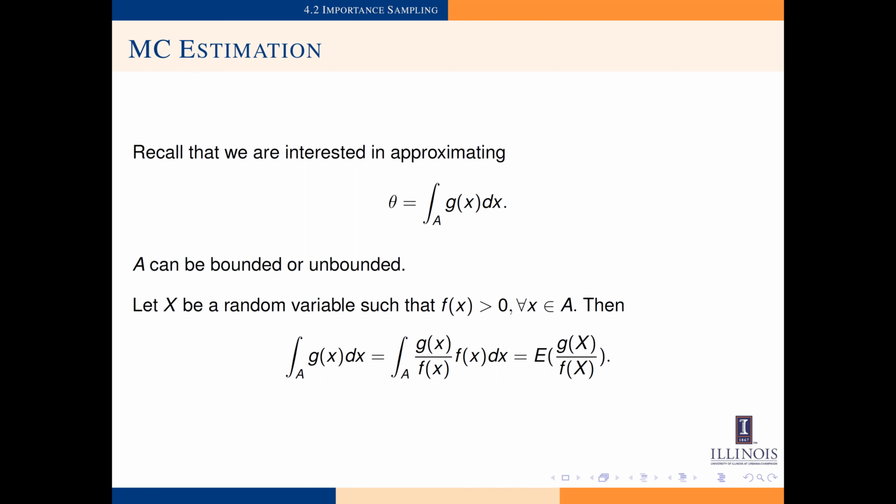In this case, the integral over A of g of x dx is equal to the integral over A of g of x divided by f of x times f of x dx. And that is equal to the expectation of the ratio between g of x and f of x, where x follows the distribution with density f of x.